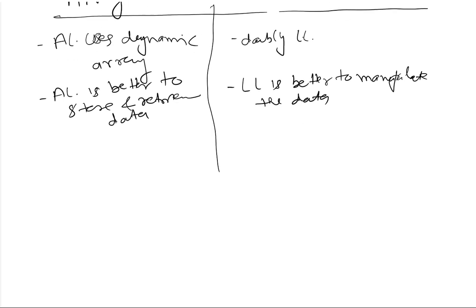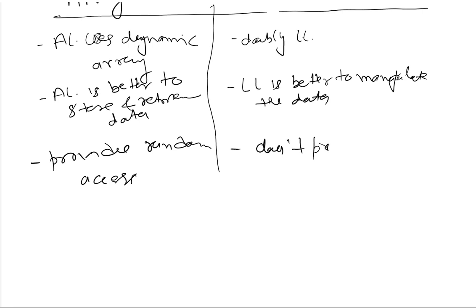Now another one. ArrayList provides random access. Why random access? Because we can retrieve the data based on the index. That's why it is better to retrieve the data, right? Whereas LinkedList does not provide random access.